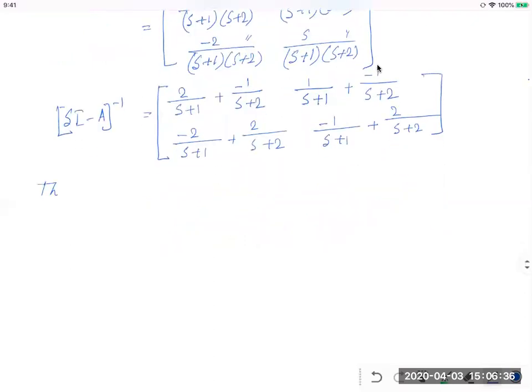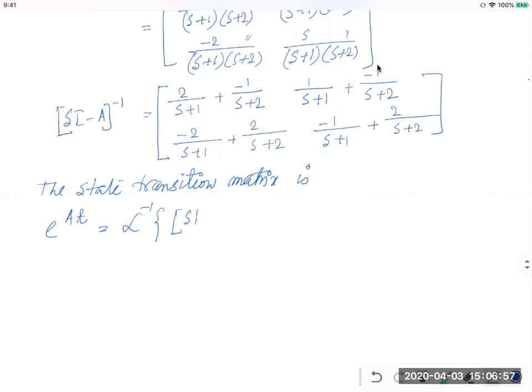The state transition matrix is e to the power At. e to the power At is equal to the inverse Laplace of (sI minus A) inverse.